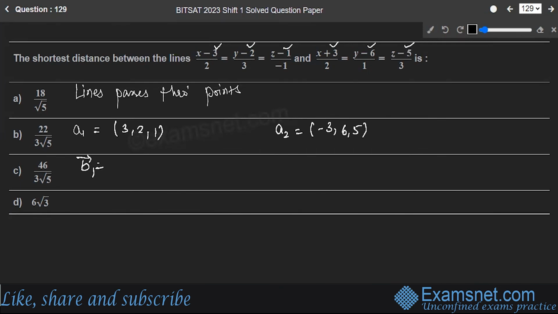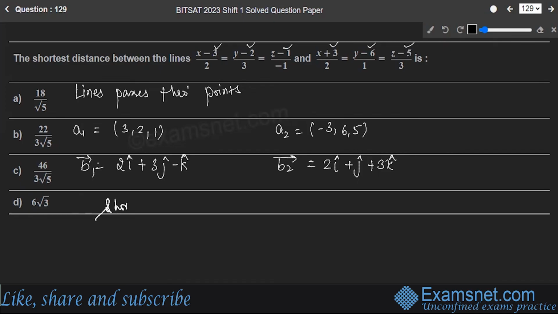B1 will be equal to 2I plus 3J minus K, and B2 will be given by 2I plus J plus 3K. Let's find out A2 minus A1. Why am I doing that? First of all, let's discuss the formula.